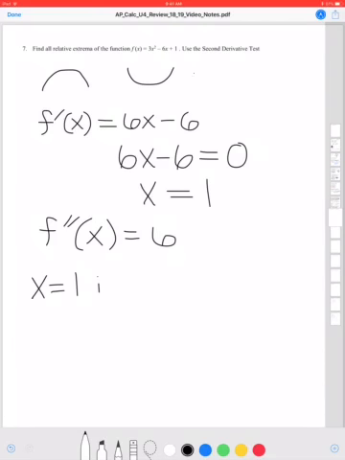So x equals 1. And so if it's positive, remember, it's concave up, so it's a min. So x equals 1.